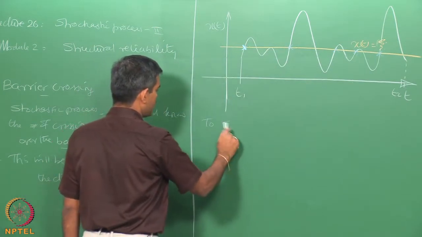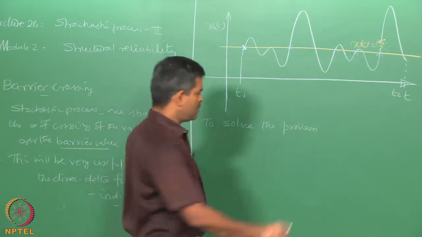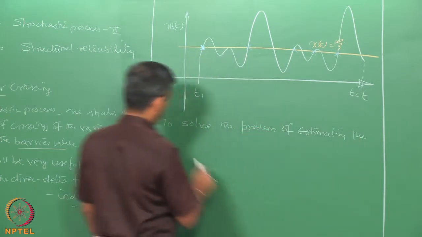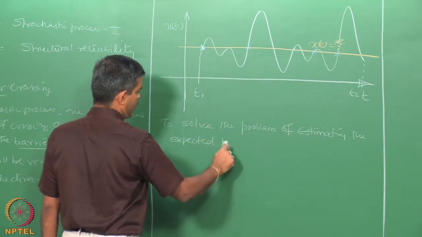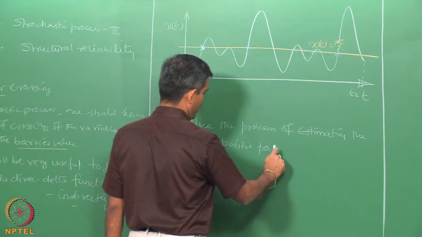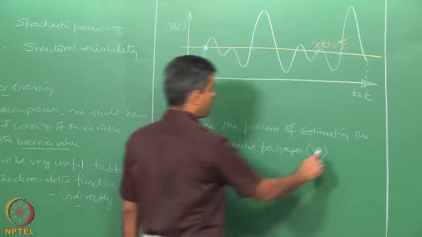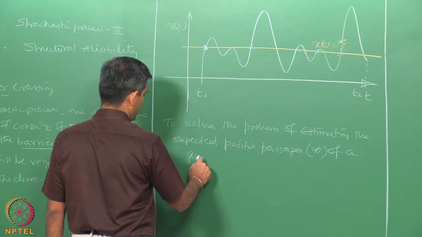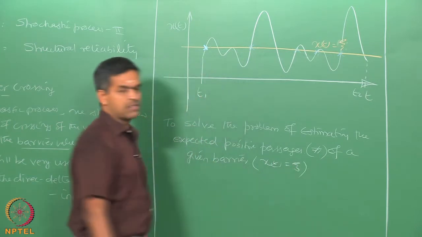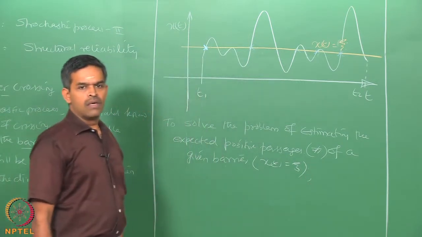Now, to solve the problem of estimating the expected positive passage in terms of its numbers for a given barrier, in this case the given barrier is a fixed value zeta, we look for the Heaviside step function.